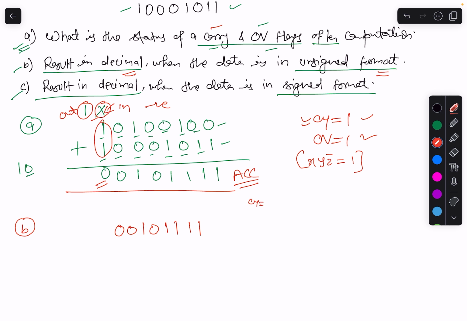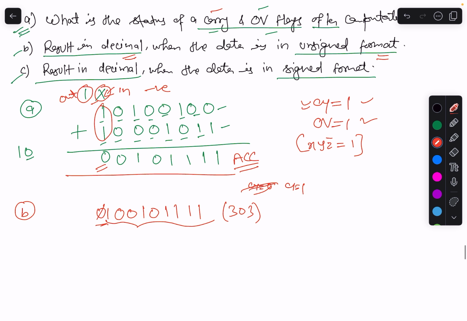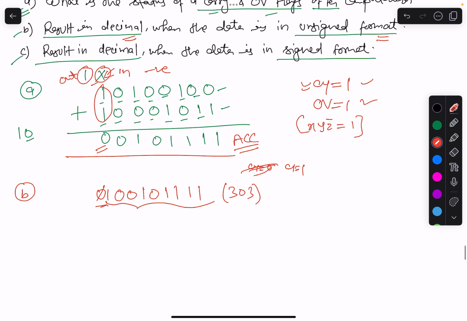If the carry is 0, then we put 0 in front of the accumulator, but here carry is equal to 1, so we put 1 here, right? So this will be 100101111, and this is nothing but 303, right? You can convert the binary into decimal.